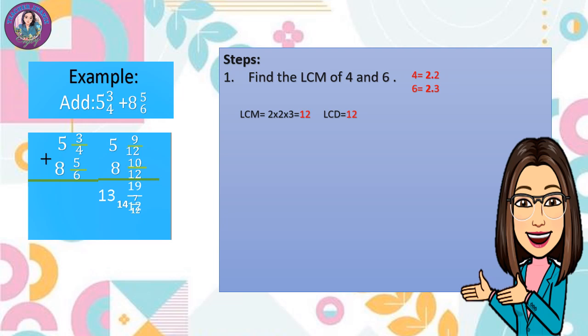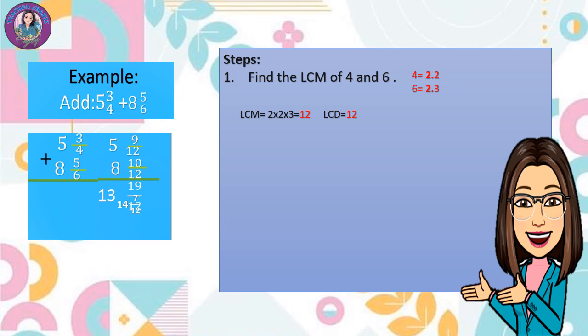We use prime factorization. In 4, we have 2 times 2, and in 6, we have 2 times 3. Since we have one pair of 2, we count that as 1, then the remaining prime factors are also multiplied. So we have 2 times 2 times 3 equals 12.